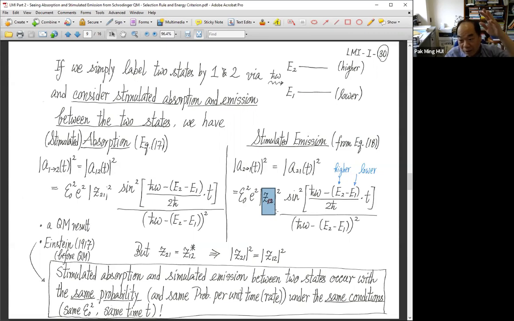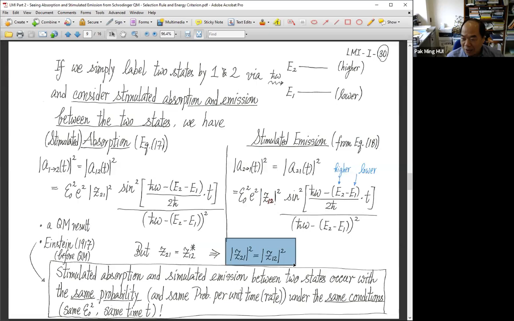But we are fortunate, okay, and mathematically correct that they are related by the complex conjugate, and we pick up not alone the Z element, but this thing square. So therefore, they are the same, okay?